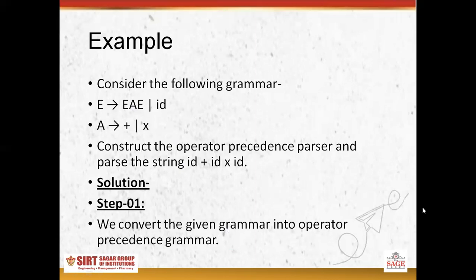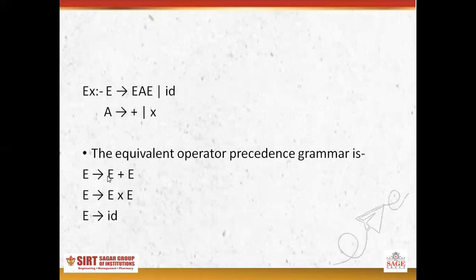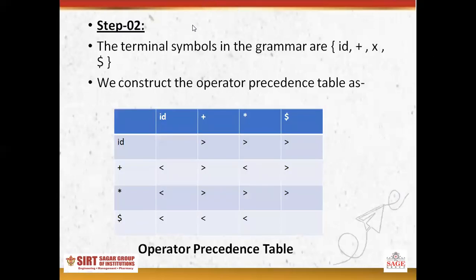E produces EAE, so we put a terminal plus here. E produces E into E, then we put it here, then E produces ID. Second step: the terminal symbols in the grammar are ID, plus, multiplication and dollar. Now how do we construct the operator precedence table?